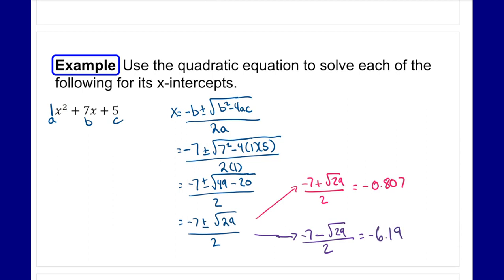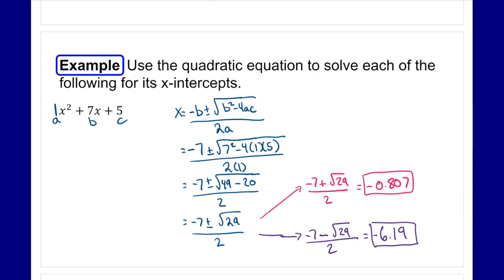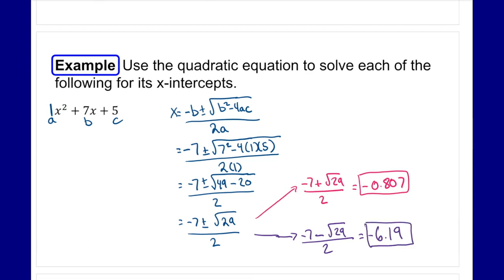Let me just double check that first one. Make sure I didn't make any calculation errors. We're good. So these are our two x-intercepts. So we have an x-intercept at negative 0.807 and one at negative 6.19.